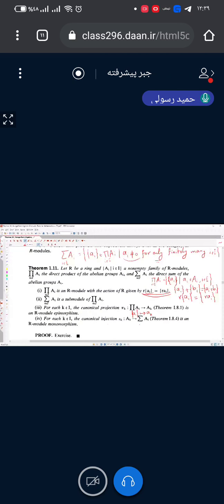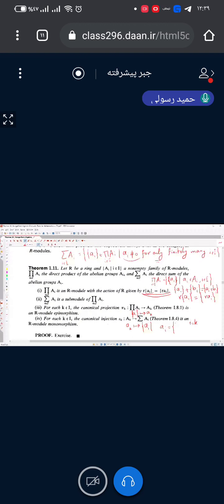And for each k in I, the canonical injection lk maps Ak to the sequence AI with this definition: AI equals Ak if I equals k, and AI is 0 if I does not equal k.